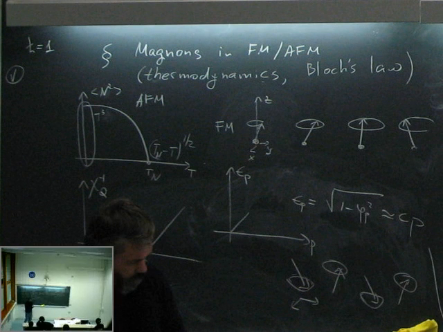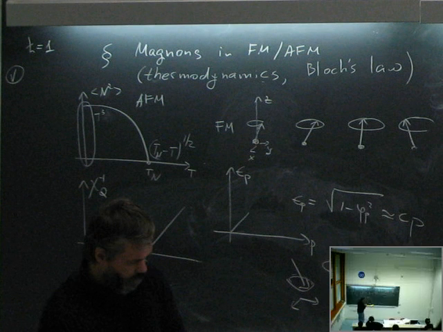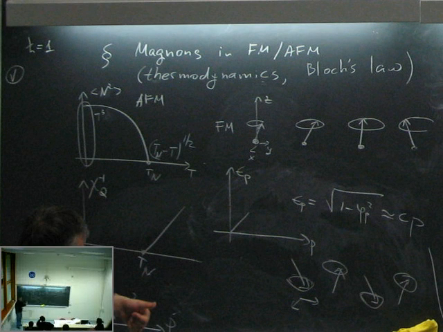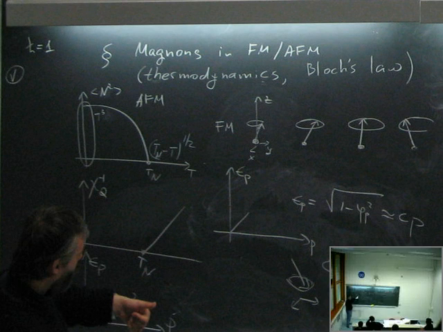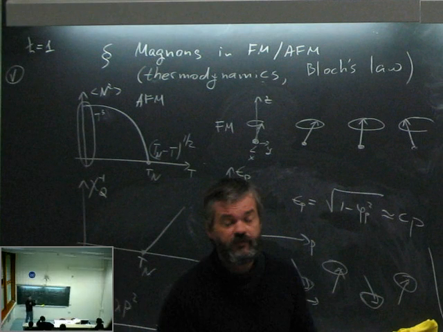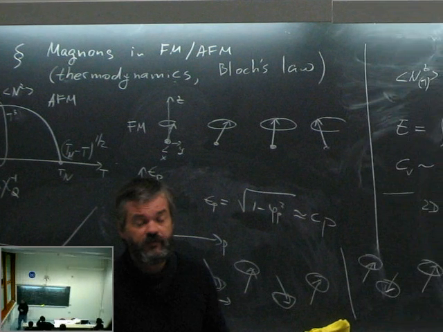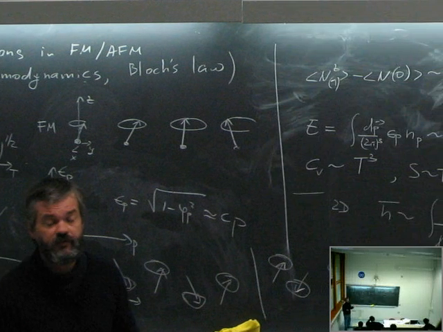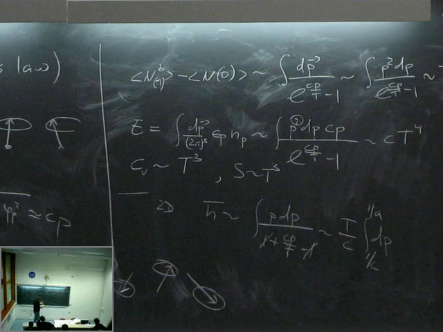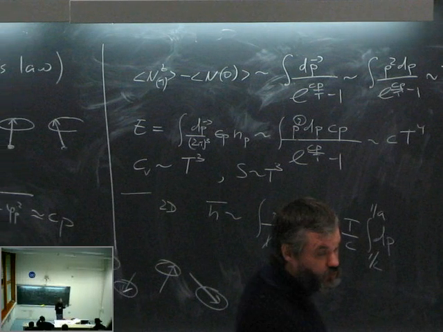So, what was it? Both ferromagnets and antiferromagnets are characterized by isotropy of the response to parallel or perpendicular magnetic field if you are above the critical temperature. Because spin rotation symmetry is not broken, spin is rotating on the surface of a sphere, and therefore the definition of what is parallel and what is perpendicular is not very well defined, because we don't have a direction in the system.